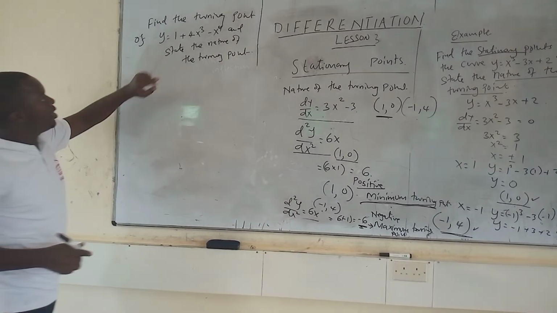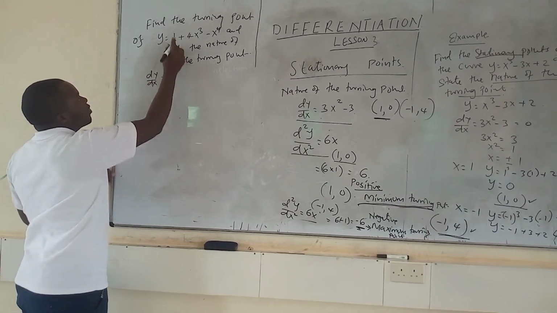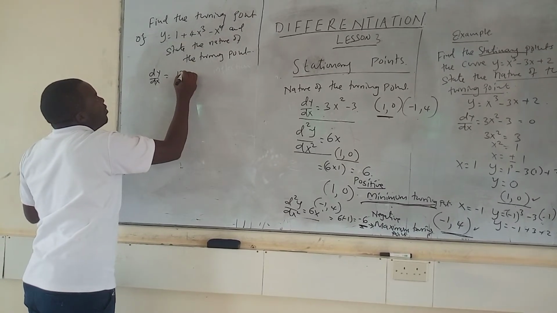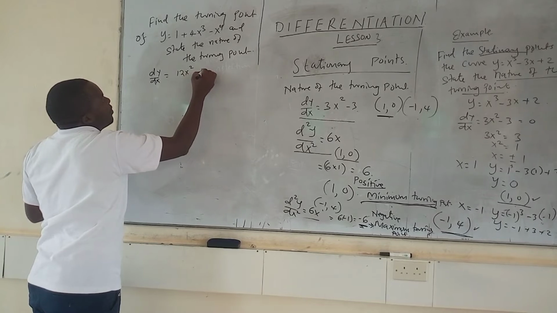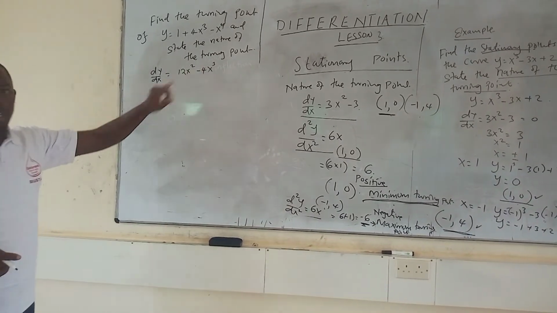So the first thing is to get the gradient function dy/dx. The constant 1 gives 0, so this is going to be 12x squared minus 4x cubed. That is the gradient function.